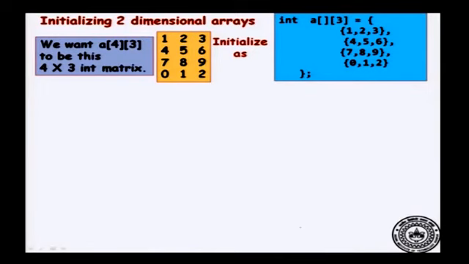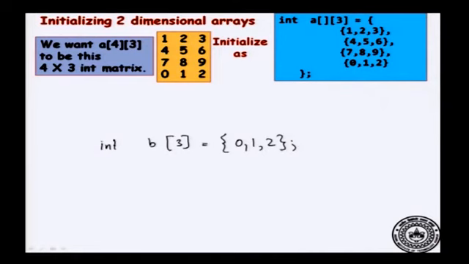If I had, let us say, int b[3], how did we initialize it? We could initialize it as {0, 1, 2}. The summary of this is that it is a list of numbers separated by commas, and the list is enclosed in curly braces. This is the case for a one dimensional array.